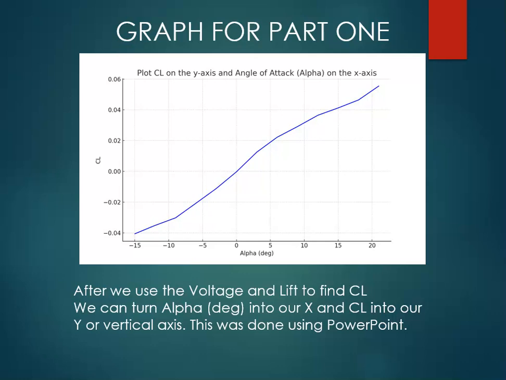That leveling suggests the approach to stall, where the airflow would begin separating from the airfoil, and lift stops growing the way it did earlier. Seeing this trend in the graph helps confirm that my calculations were accurate and that the airfoil behaved exactly as theory predicts.